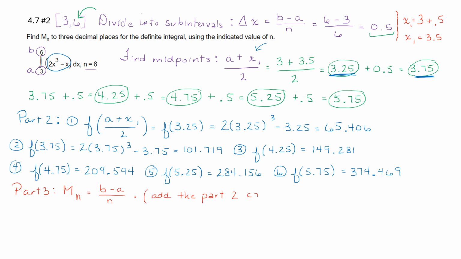I know it's not really the math way to say it, but I think it'll be easier to do. So for us, M sub n is equal to 6 minus 3 over 6, which we know is 0.5, times, and we're going to add all of these answers.